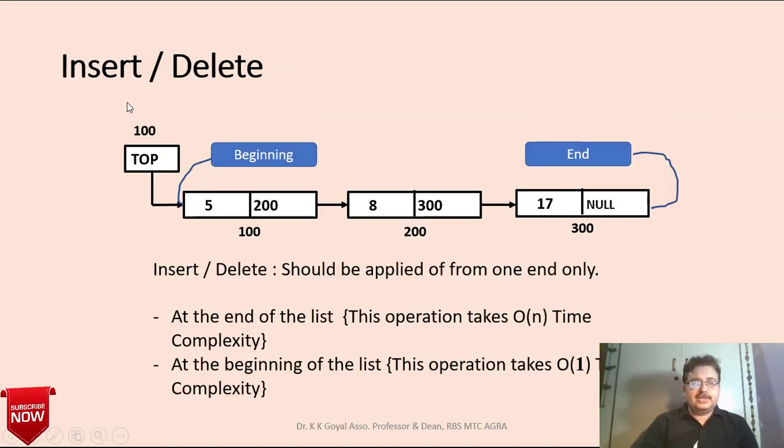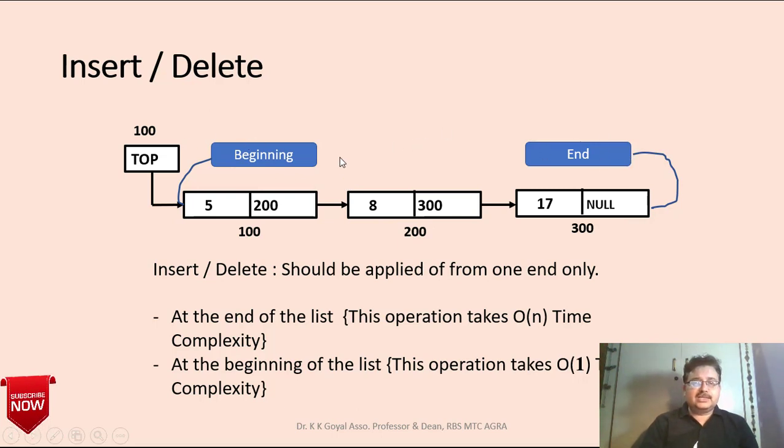Now come to the main operations in stack: insert and delete. Now we have two options. In stack we can either insert or delete from one end. In a linked list we have two ends, the starting or the end. So this is called the beginning and this is called the end.